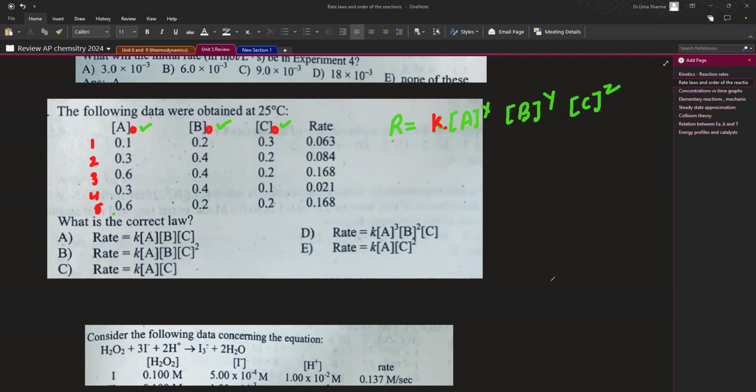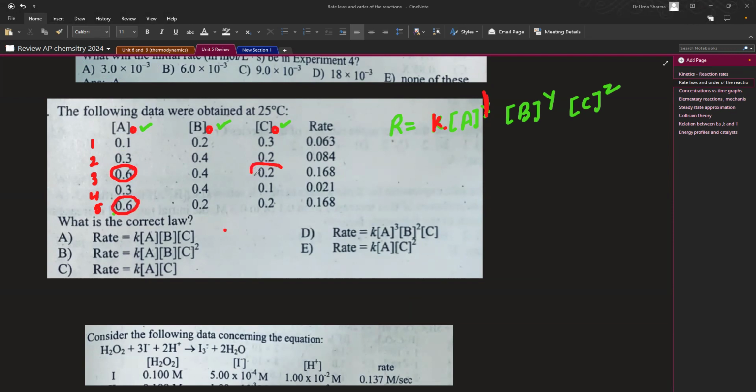Okay, x is 1. For knowing x, compare 2 and 3. See, cancelled. This is 2 times, and this is, I think, 2 times. So you're right, it is 1. X is 1. Okay, now to know y, you're going to take 3 and 5.